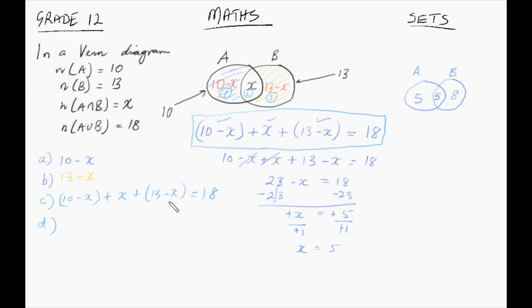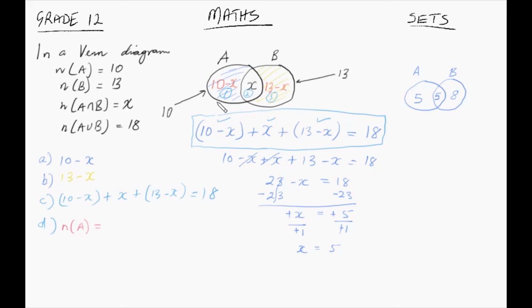You need to find the value of x so that you can find the number of elements in set A and the number of elements in set B. We solved for x here in advance and found x to be 5. Now, the number of elements in A would be equal to what?